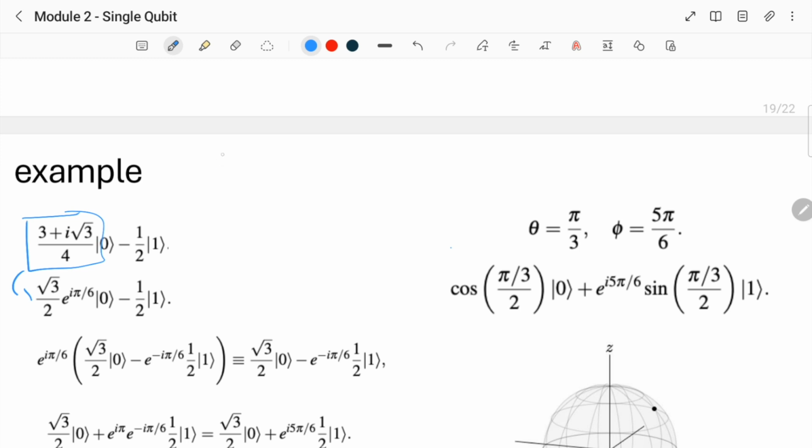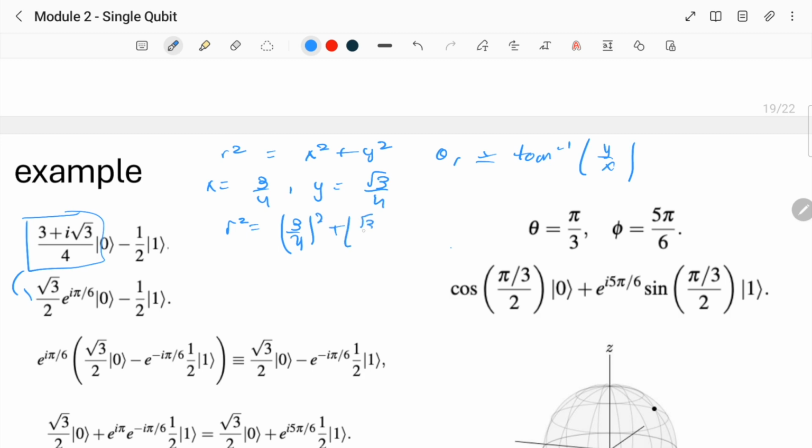So we know we need r, which is the square root of x square plus y square, and we need theta, which is tan inverse y by x. So our x is 3 by 4, our y is root 3 by 4, so our r square is (3 by 4) square plus (root 3 by 4) square, and you can easily see this is (root 3 by 2) square, so our r is root 3 by 2.